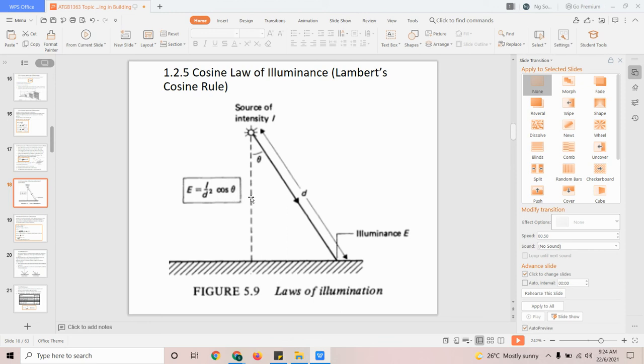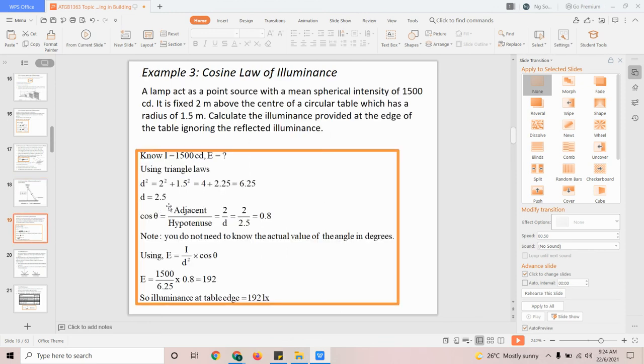Then your hypotenuse is your D, which you have worked out. So you divide 2 over 2.5, you get 0.8. So this 0.8 equals cos theta.